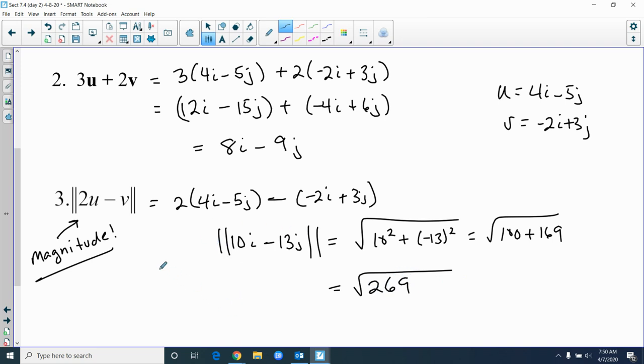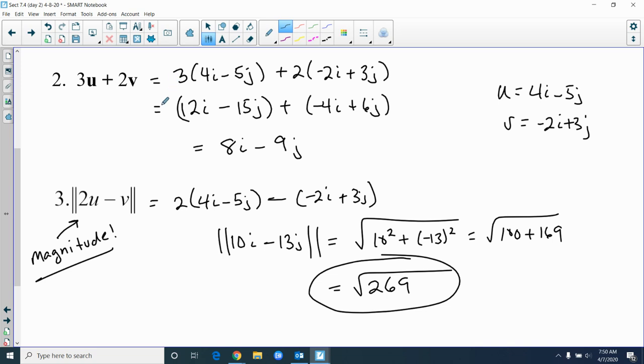We can leave it like that. So the magnitude is a constant, so it's got to be a square root of something or a whole number. 3u plus 2v has to be in terms of ij, which is a vector. Magnitude is not a vector, it is a scalar. It is a constant.